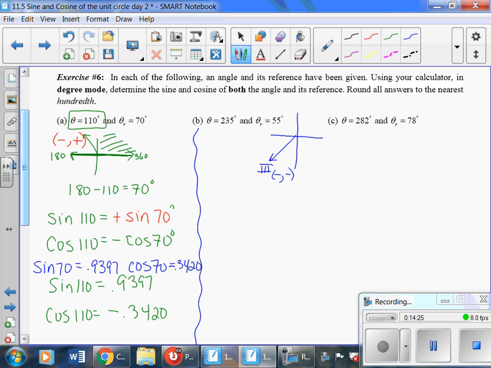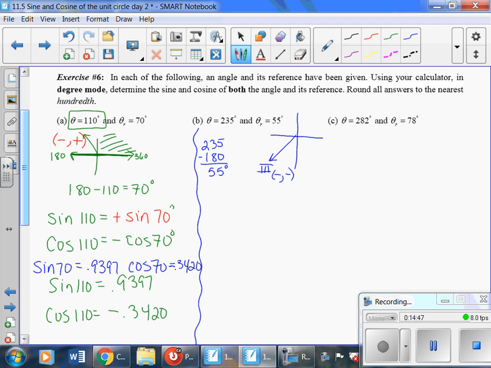So how do I find that reference angle? I take 235 and I minus 180. And in that case, I get 55 degrees being my reference angle. Now let's put it in our calculator, making sure it's in degree mode, and I'll show you how to do that tomorrow.